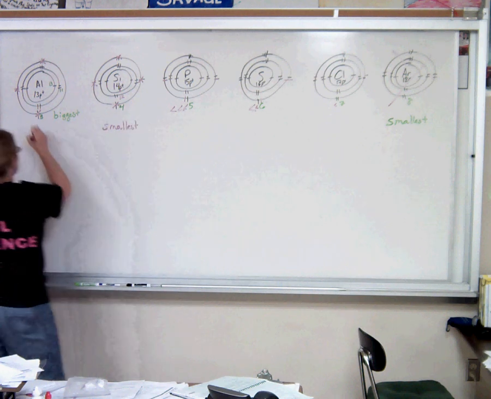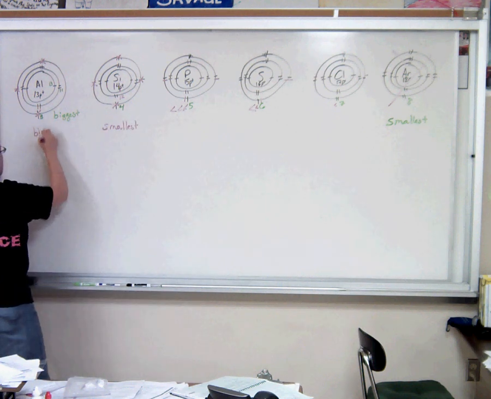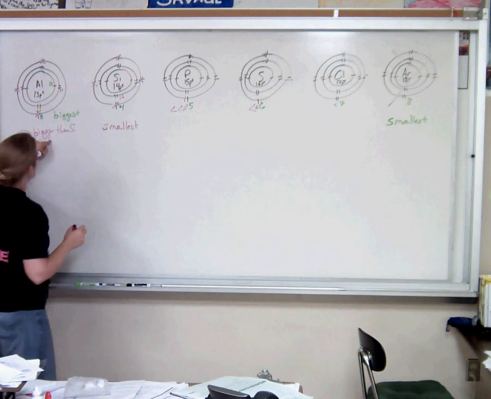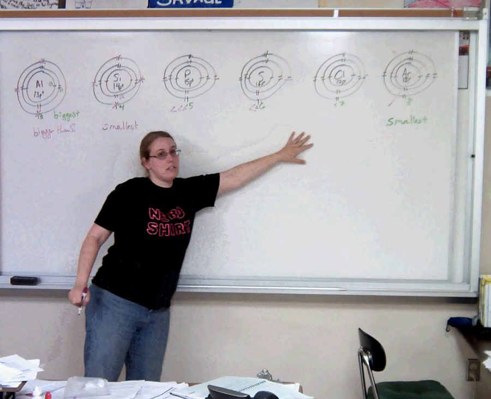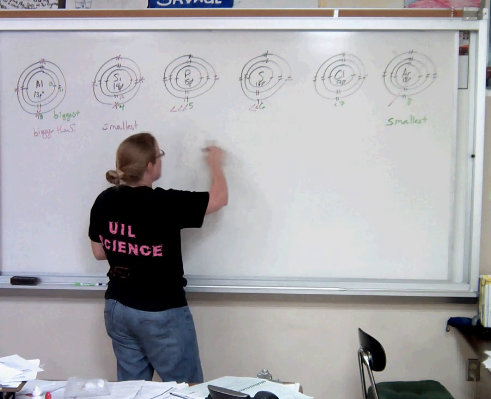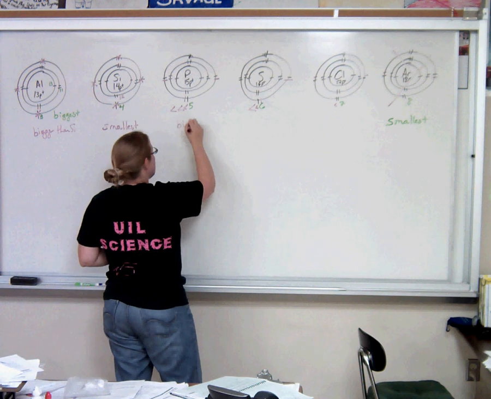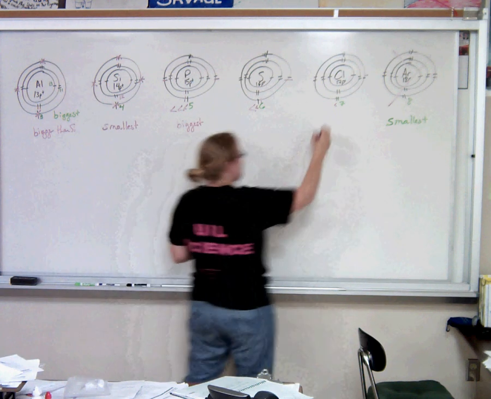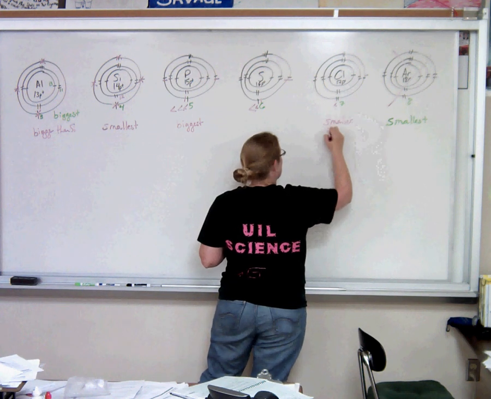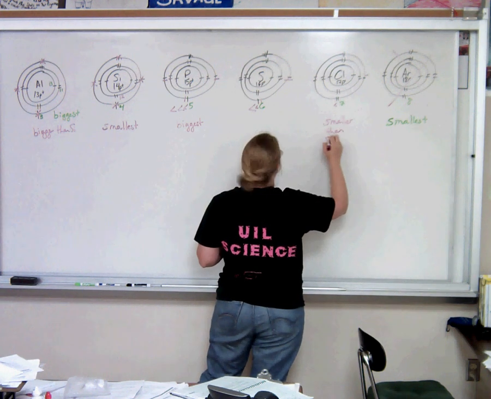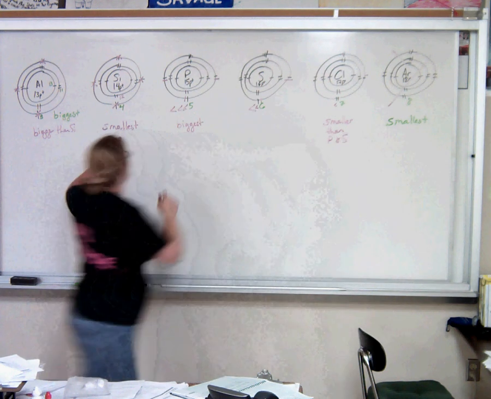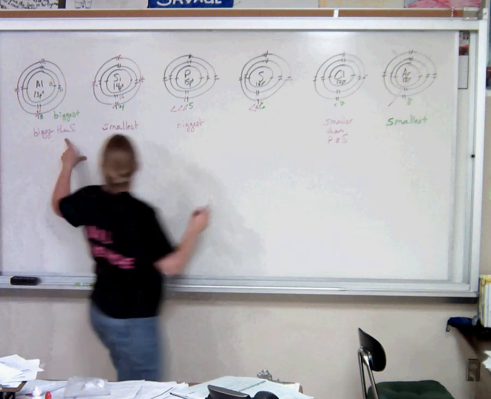And then this one will be bigger than that. Bigger than silicon. However, this will be smaller than these guys, because these guys are feeling less force. So this will be the biggest. And this will be smaller than phosphorus and sulfur, but it is still bigger than silicon and aluminum.